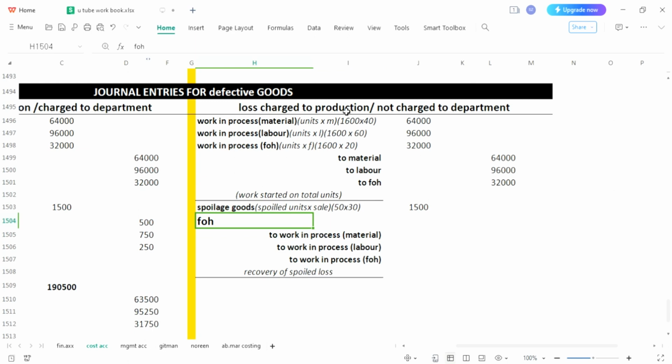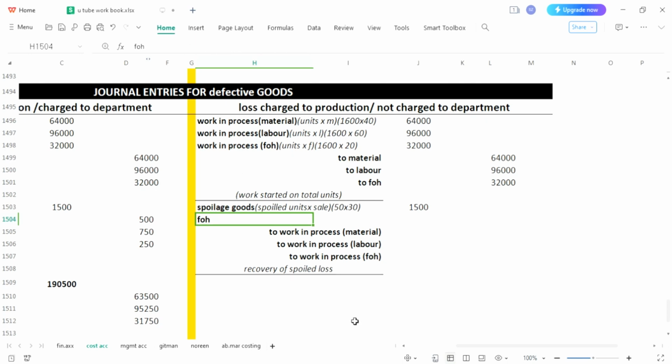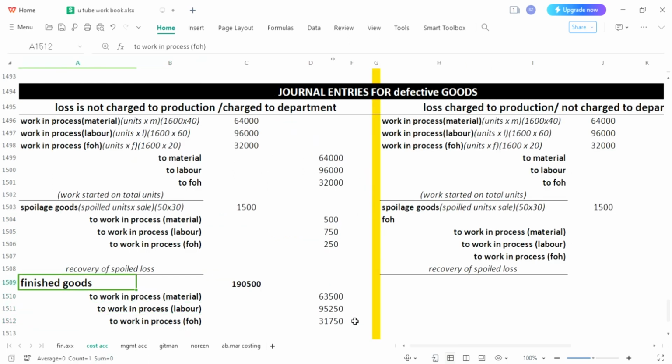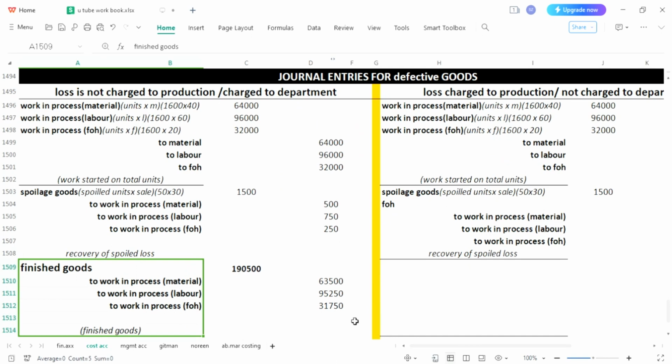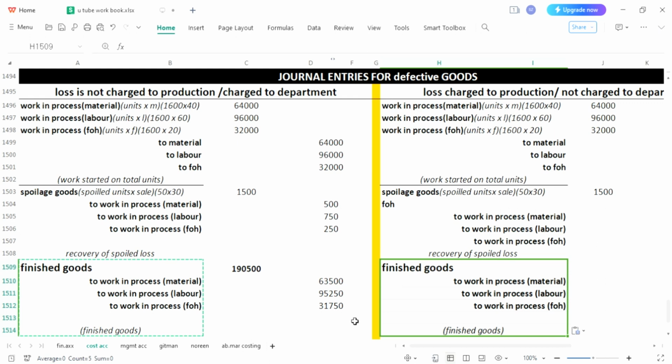And this would be used to calculate the actual loss. So here we will calculate the loss, and later on we will see it. Then finally, what will happen for the third entry? The entry would be absolutely similar, and you will post the amount entry over here. Amounts would be calculated in a different way.